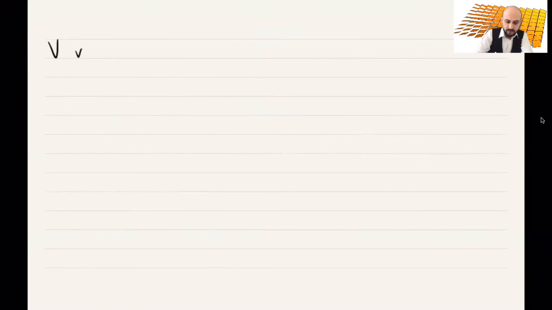So let's say we have V, a vector space, and we have M, an element in GL(V).